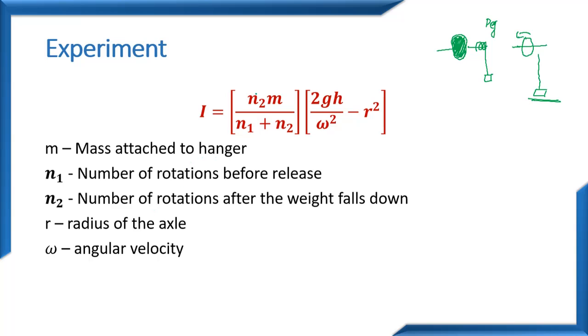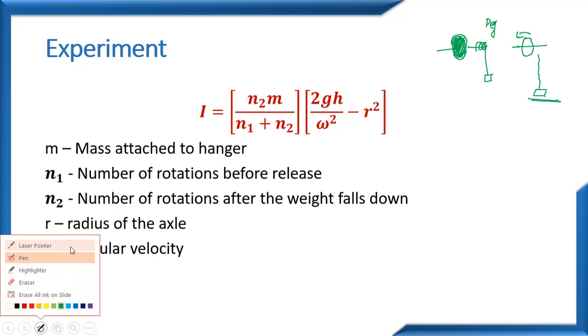Now N2 is the number of times the flywheel has rotated after the mass has fallen down. Okay, N1 is the number of times we have rotated the flywheel to bring the mass to a height h, while N2 is the number of times the flywheel has rotated after the mass has fallen down because of moment of inertia. Now from this equation, what all can we find?